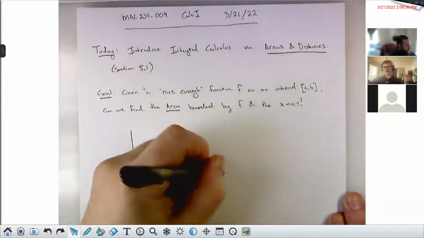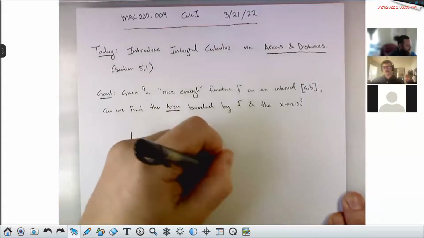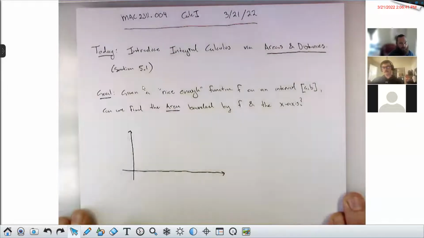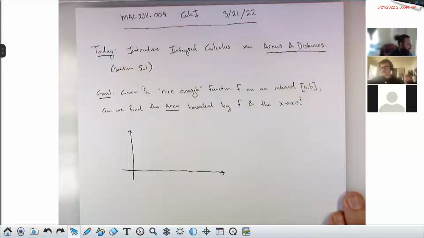What I mean by nice enough, turns out the function doesn't have to be differentiable. It doesn't even have to be continuous, but it has to be piecewise continuous.